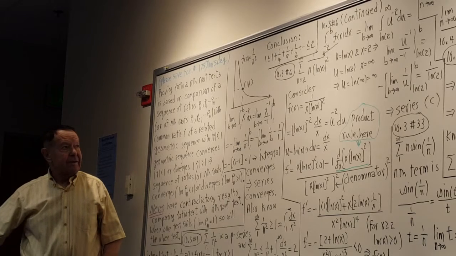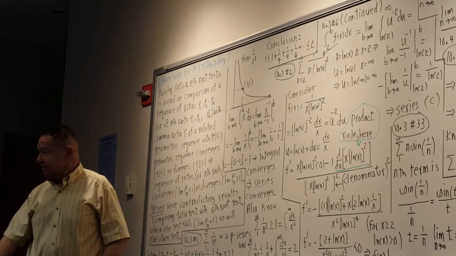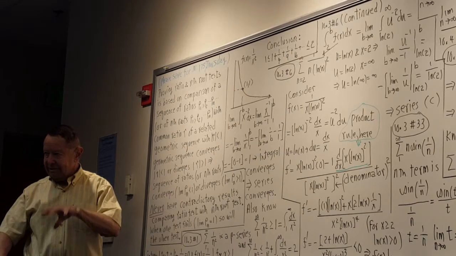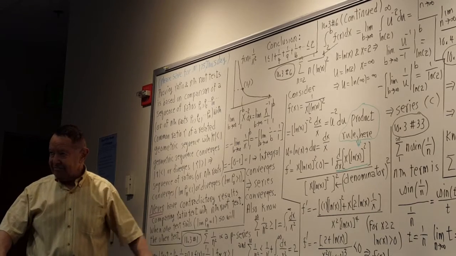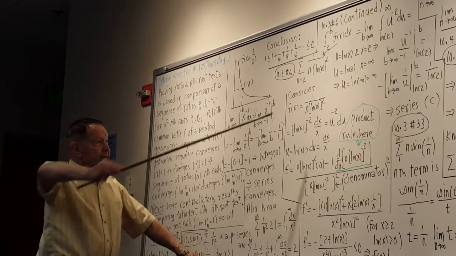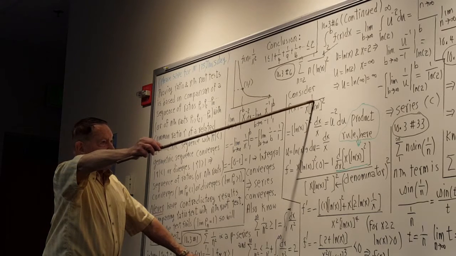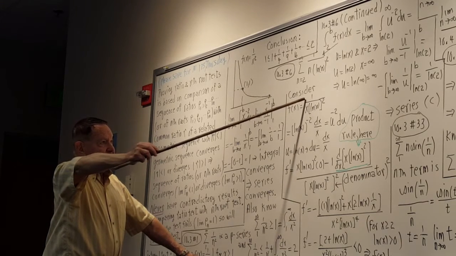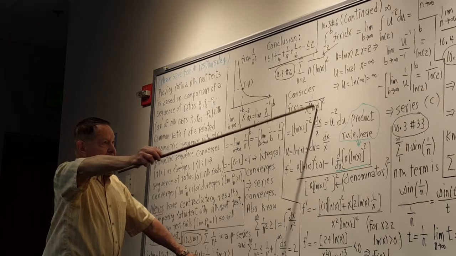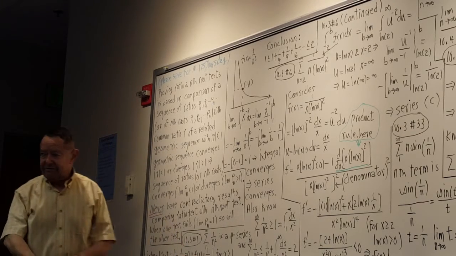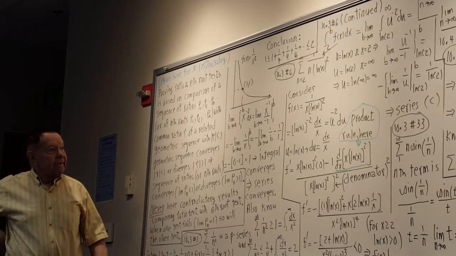So it's the functions of continuous variables that you can integrate and differentiate. So if you think of that function, the first thing you want to prove is that the thing is decreasing, at least from some point on.